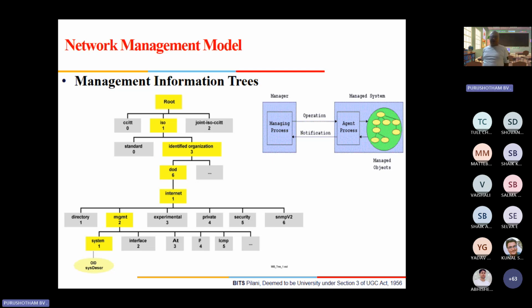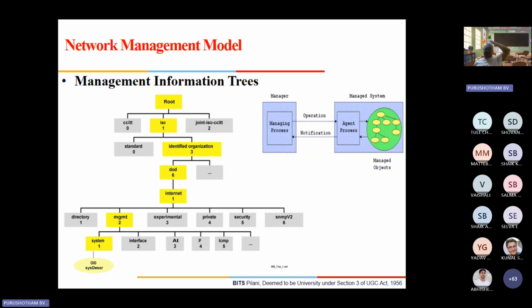The management information tree is the complete thing which will be mapped into your local system. For example, root, then ISO 1, identified organization 3, 6 is DOD, internet is 1, then management is 2, then system.